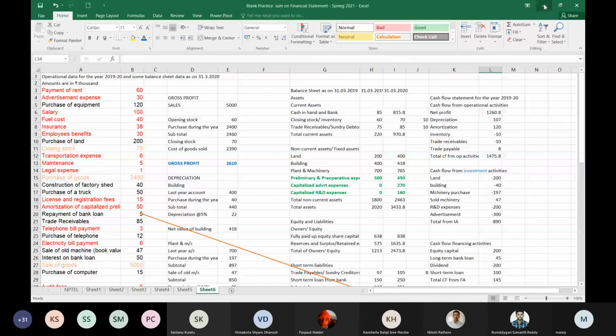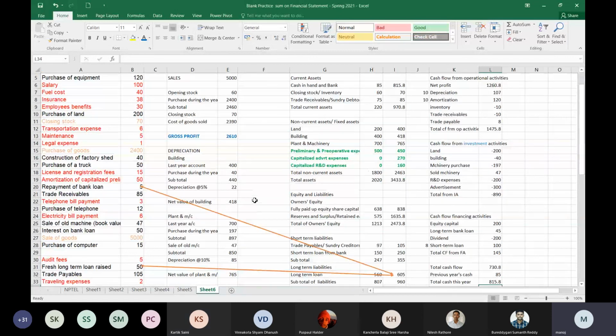Sir, can you again explain why depreciation and amortization are positive in cash flow? Because these are the money that has gone out of your profit loss account. Okay, look at the profit loss account. Is the Excel sheet visible?